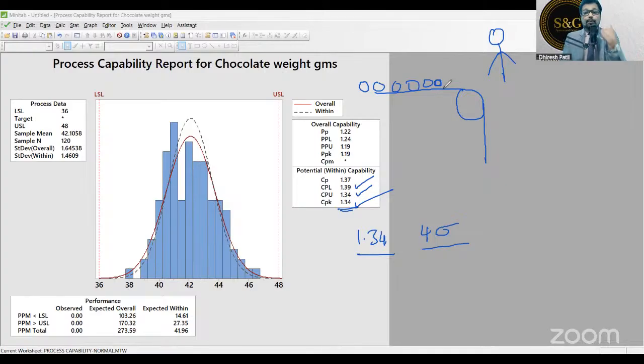That means subgroup is 1. If instead of 1 you are taking 5 chocolates at a time for testing, that's your sampling strategy. Every 1 hour you take 5 samples. That is called subgroup 5. When you're taking only 1, that is called subgroup 1. Everybody clear with this? Just give me yes.